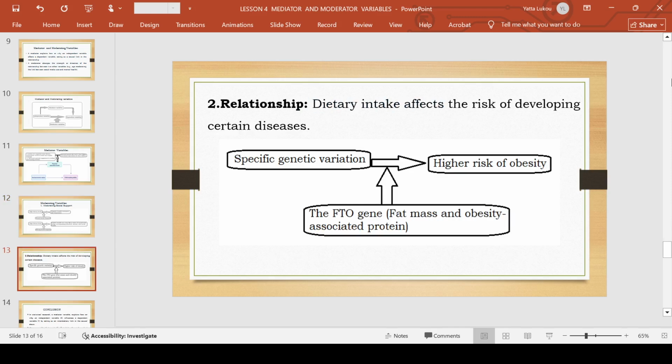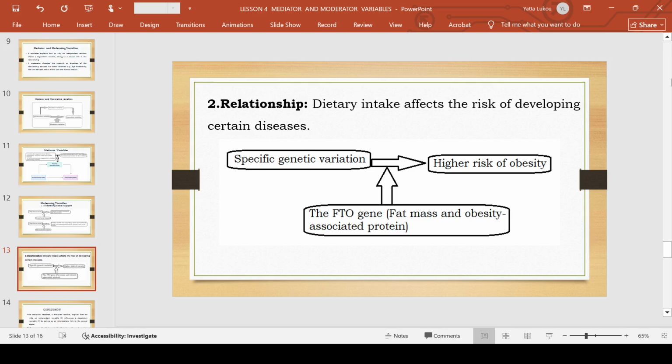Another example is the dietary intake, which can affect the risk of developing certain diseases. Certain human beings have inherent specific genetic variations, and this genetic variation will expose them to have a higher risk of becoming obese.